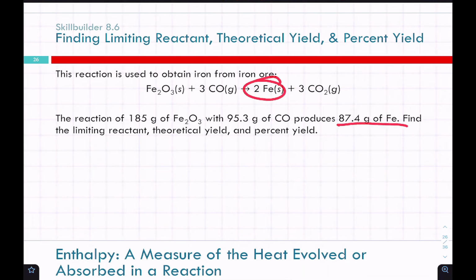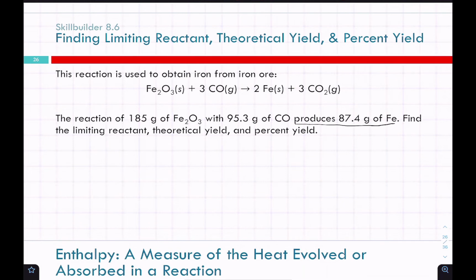So iron is one of the products. Right, so the reaction of 185 grams of iron oxide with 95.3 grams of carbon monoxide produces 87.4 grams of iron. And then it says find the limiting reactant, theoretical yield, and percent yield.